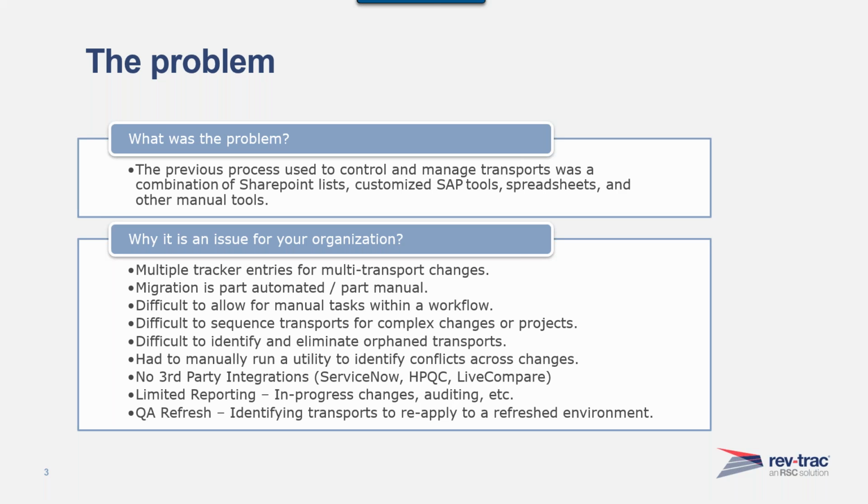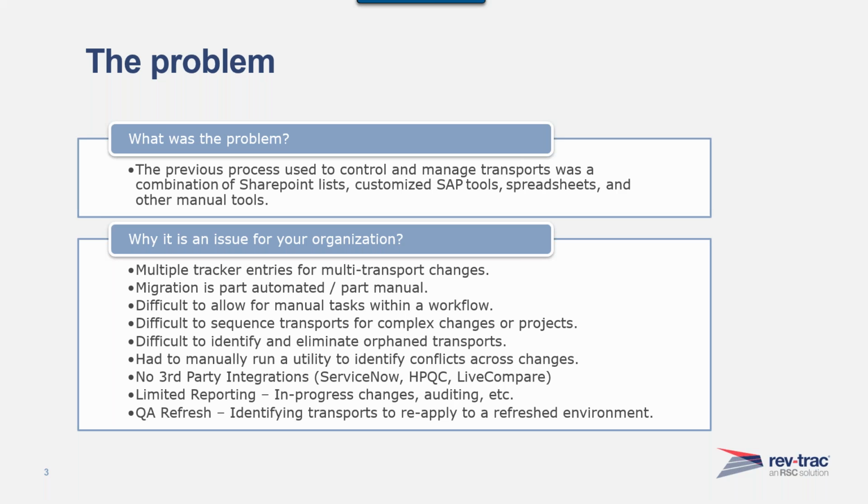We had gotten to the point where a lot of the tools we were using just were not efficient any longer. The migration from dev to queue to prod was all manual. You'd go through a stopping point in the process, send an email to somebody to go do their step. They would send you an email back, okay, I'm done, then we can continue on. Again, not a very efficient process.